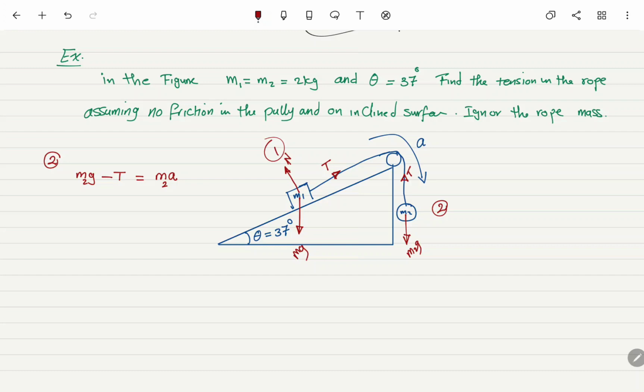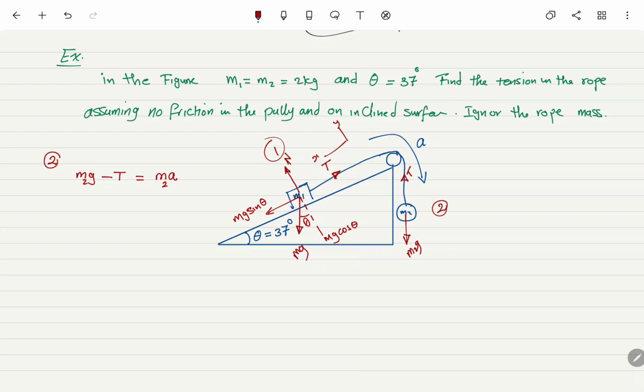Now on system 1, we have the weight. We need to analyze the weight, because in this case we have to rotate the coordinates. This is x and this is y. So again, we find that this is theta here. So we have mg cosine theta, and this here is equal to mg sine theta.